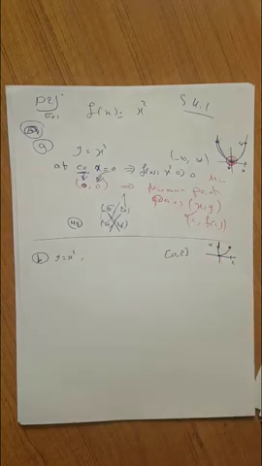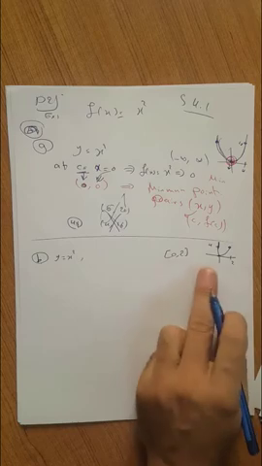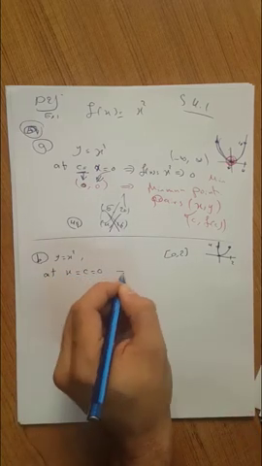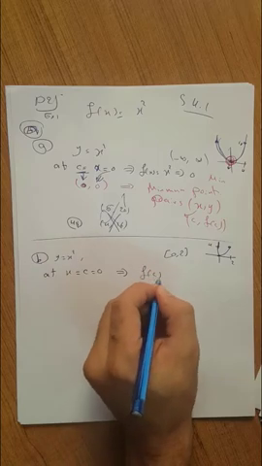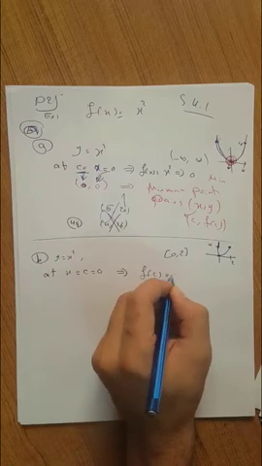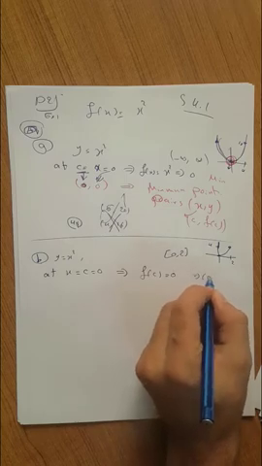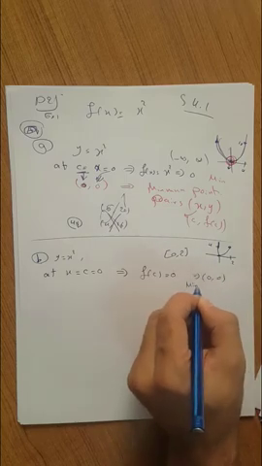You know the function and you know how to sketch the graph. So how about this value? It's easy. At x or c equal to 0, then f of c is equal to what? 0. So 0 and 0 is the minimum point.